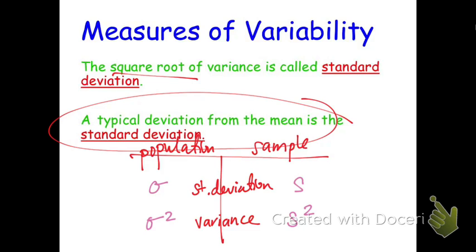So I do want you to know that the relationship between these two numbers is that standard deviation squared equals variance, and the square root of variance is standard deviation. It seems intuitive, but standard deviation squared is variance, the square root of variance is standard deviation.